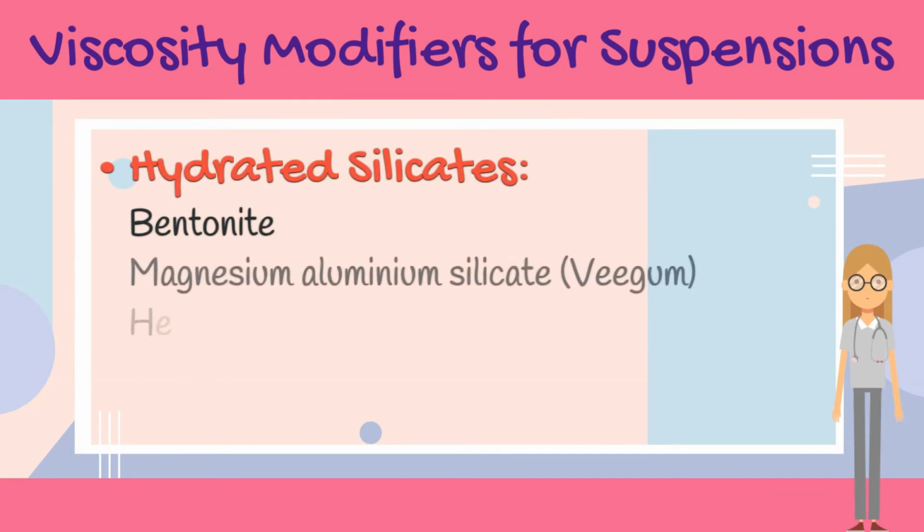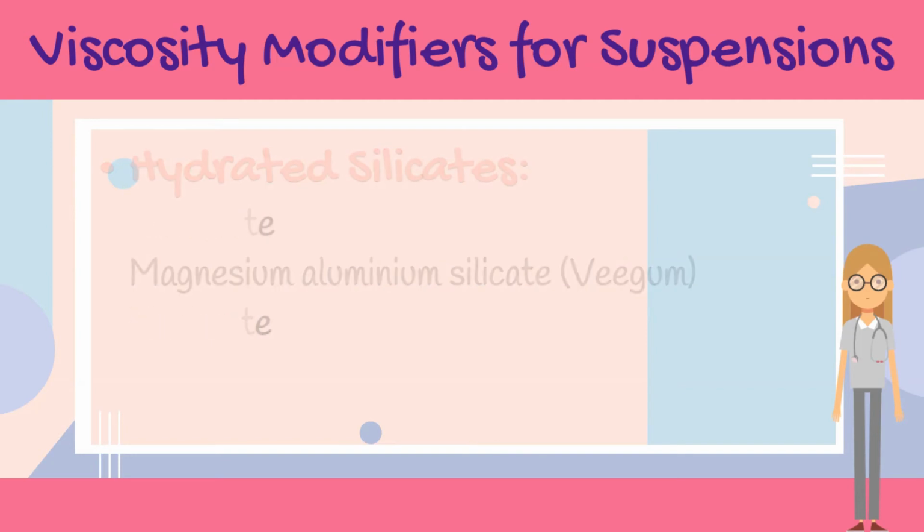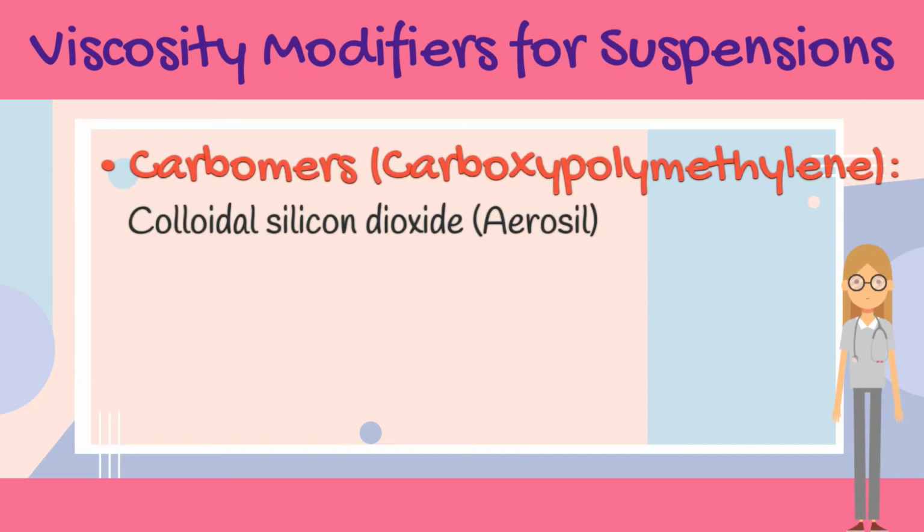Hydrated silicates. These incorporate bentonite, magnesium aluminium silicate or Veegum, and hectorite. Carbomers or carboxypolymethylene. It involves colloidal silicon dioxide or Aerosil.